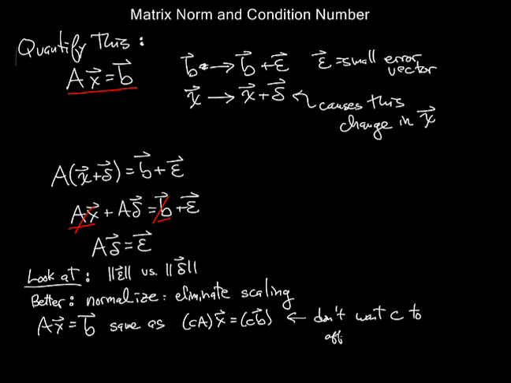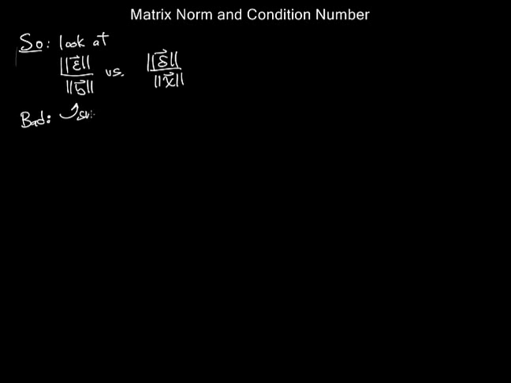So we want to get rid of that. And so the way we do that is, rather than looking at epsilon and delta directly, what we want to look at is the following. We want to look at the length of epsilon over the length of b versus the length of delta over the length of x. So those denominators are the normalizing factors.